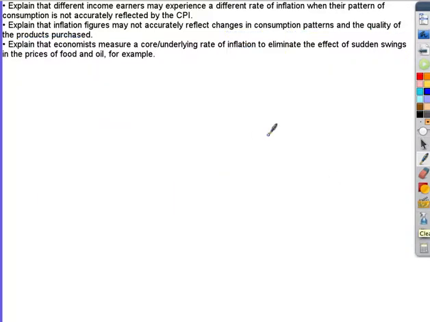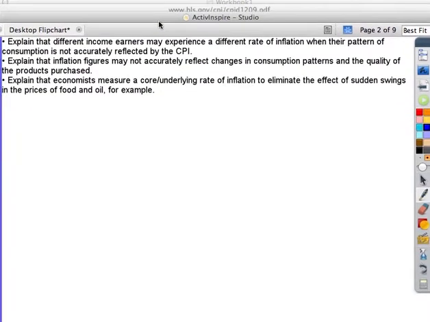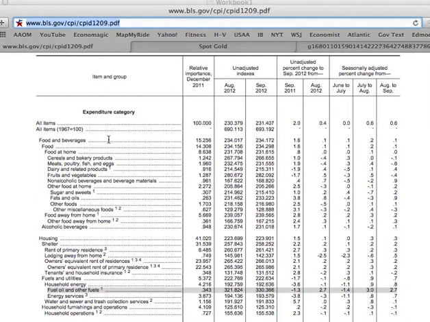Try that again. All right, so economists measure a core underlying rate of inflation to eliminate the effects of sudden swings in the price of food and oil. And so we saw back here that food accounts for a fair chunk, 15%, and energy, we looked at a couple of different places, accounted also for a fair chunk.